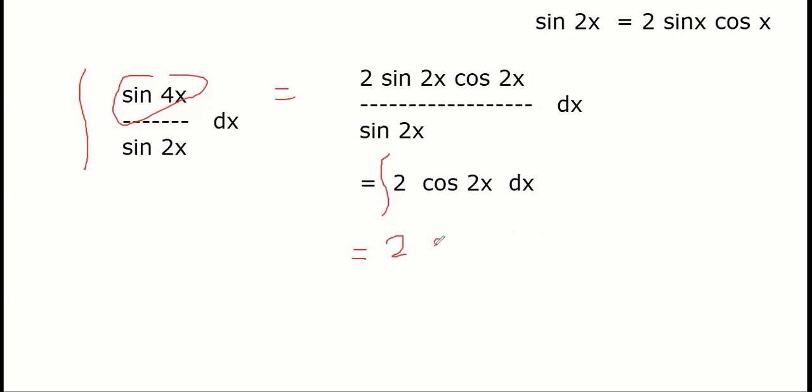Integration of cos 2x is sin 2x, divided by the coefficient of the parameter x, which is 2. So this 2 and 2 cancel. The answer is simple. It is not 2 sin, it is sin 2x plus c is the answer.